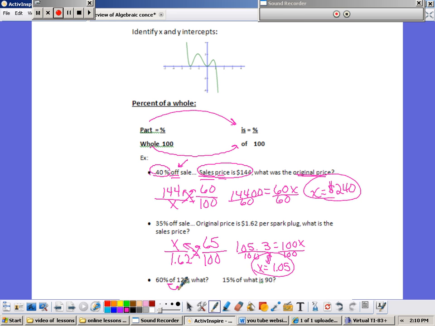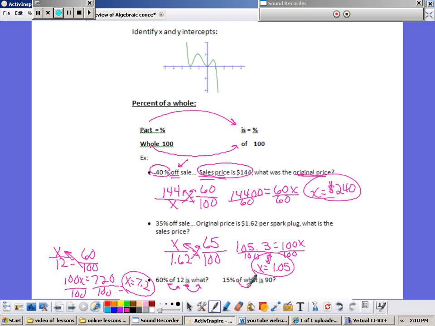60% of 12 is what? Is, I don't know. Of is 12, 60%. I don't need to change that because I'm not doing paid and not paid. So the answer is x is 7.2.